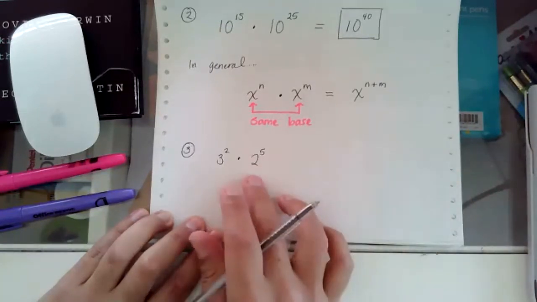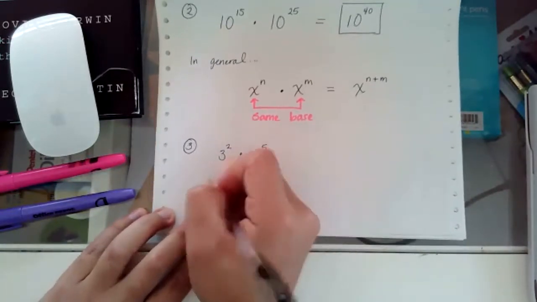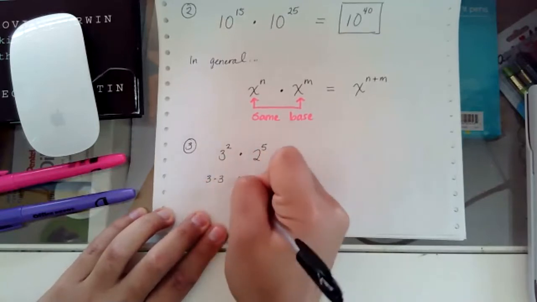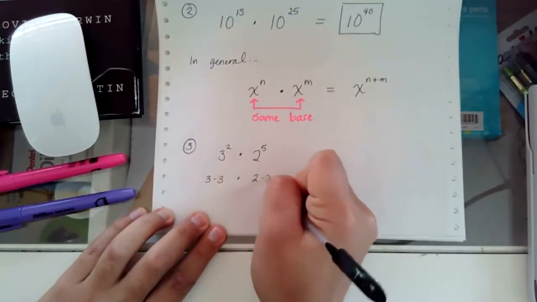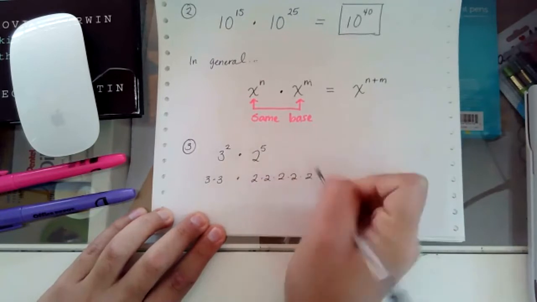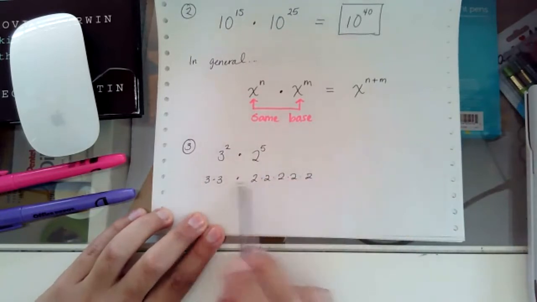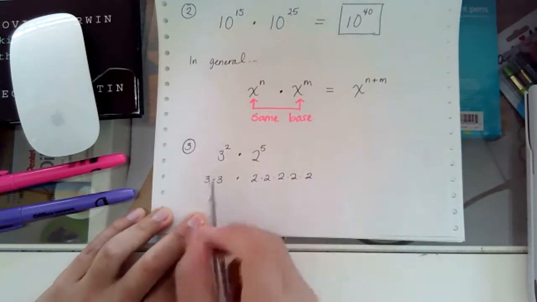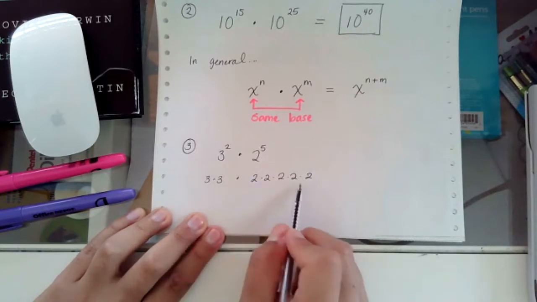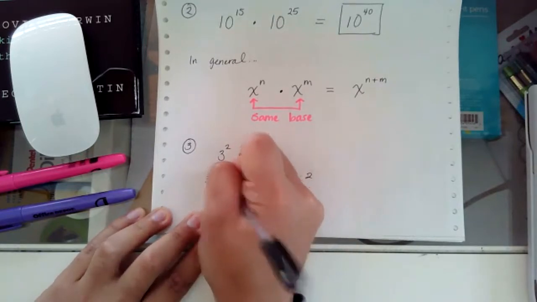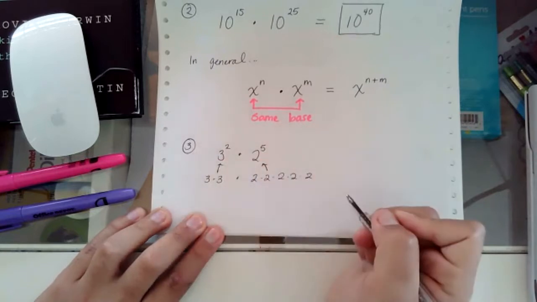Yeah. So if we were to do that and write it out, right? 3 times 3 times 2 times 2 times 2 times 2 times 2. I can't combine these into a single expression because we have different bases. So really, I have to leave them like so.